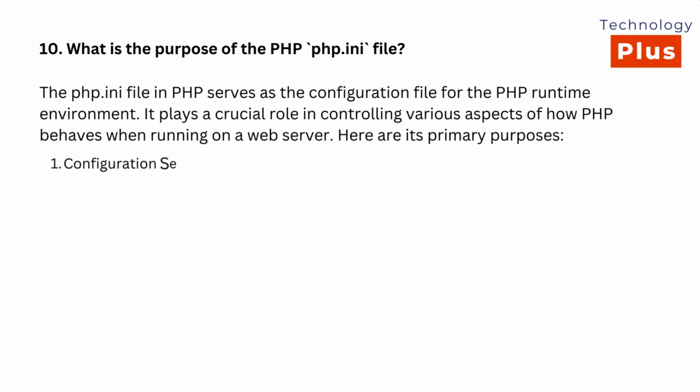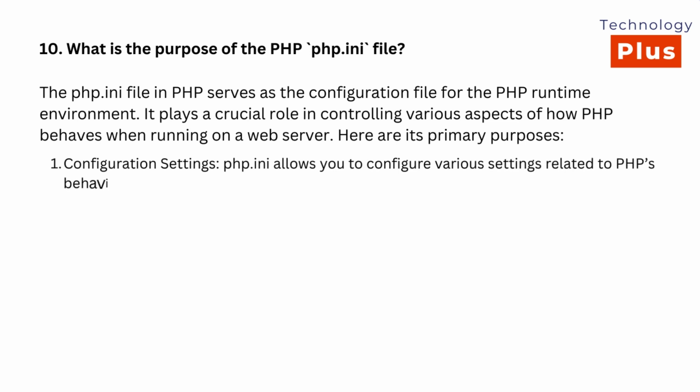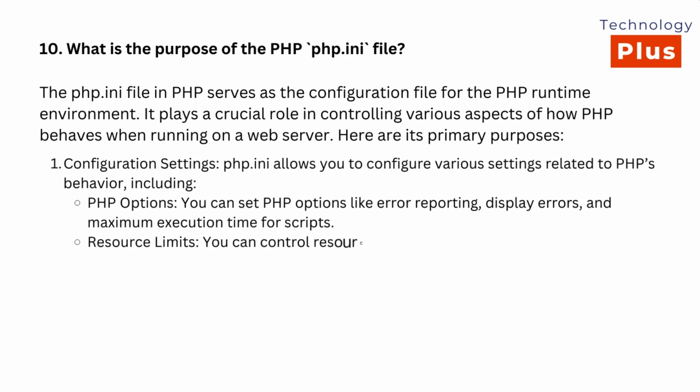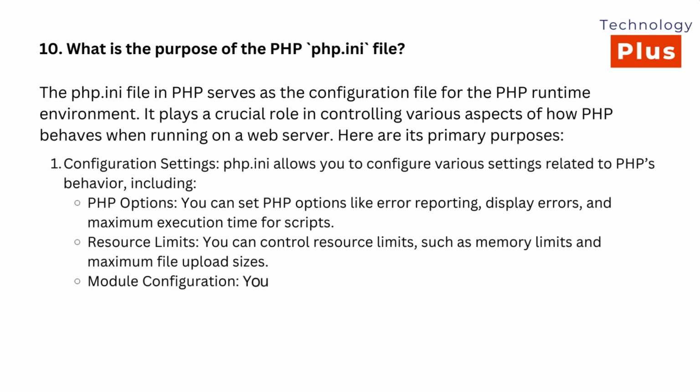1. Configuration settings. php.ini allows you to configure various settings related to PHP's behavior. You can set PHP options like error reporting, display errors, and maximum execution time for scripts. Resource limits: you can control resource limits, such as memory limits and maximum file upload sizes.